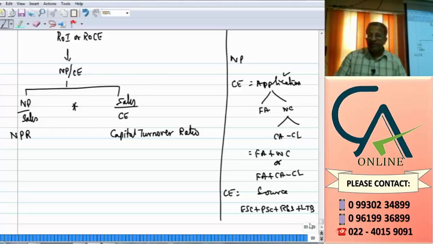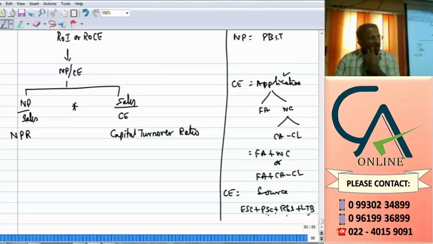Correct? If I have these many items in my capital employed, the term net profit is expected to be profit before interest and taxation. The term net profit should be profit before interest and taxation, because in this profit I have interest content also. In this profit I have the preference dividend content also. In this profit I have equity dividend also.